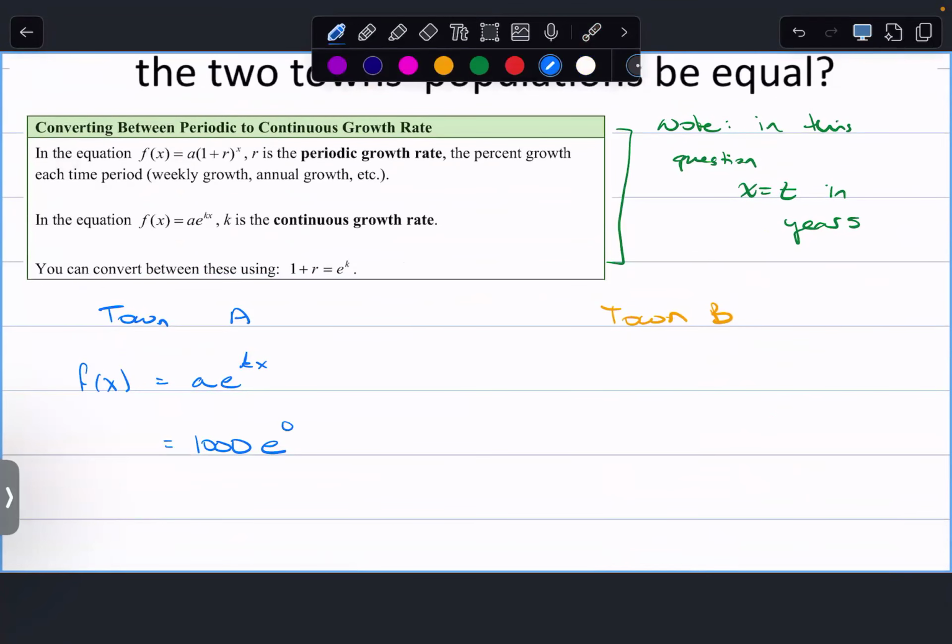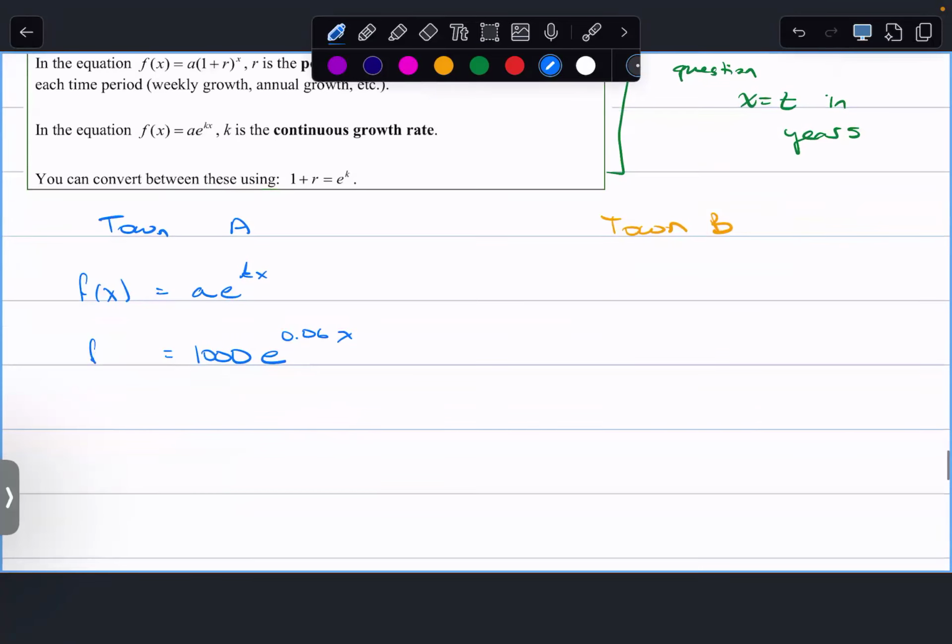But 0.06 times x. And that is the population function. So instead of f, we could use a capital P usually for population sizes, and instead of x, we could use t.